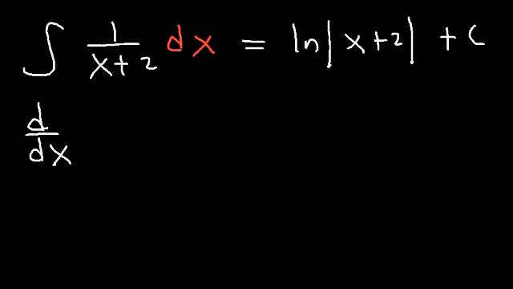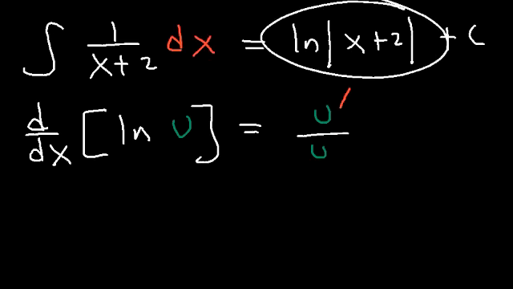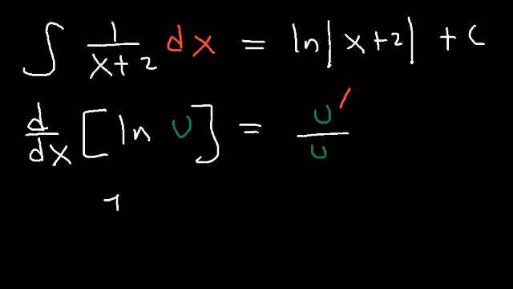The derivative of, let's say, the natural log of some variable u, is going to be u prime divided by u. So if we want to differentiate ln of x plus 2, the derivative of the inside, which is u prime, the derivative of x plus 2 is 1, divided by u, which is whatever is on the inside, and that's x plus 2. So you get what you started with.